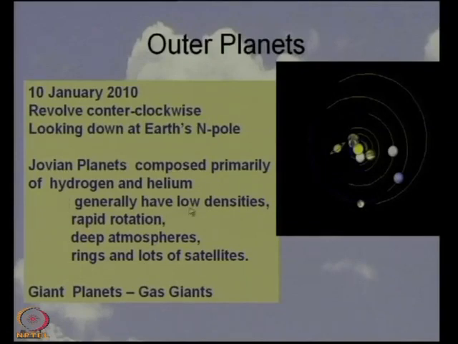They generally have low densities, they rotate rapidly, and they have deep atmospheres, unlike the Earth's atmosphere. They have rings and lots of satellites, and these are giant planets. Their masses are much larger than the masses of the inner planets. They are also called gas giants.